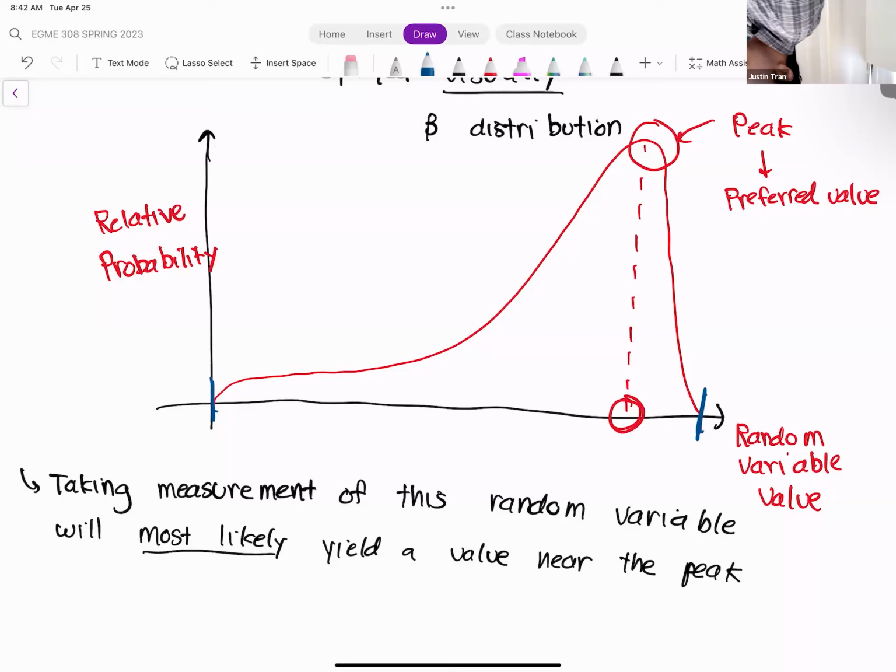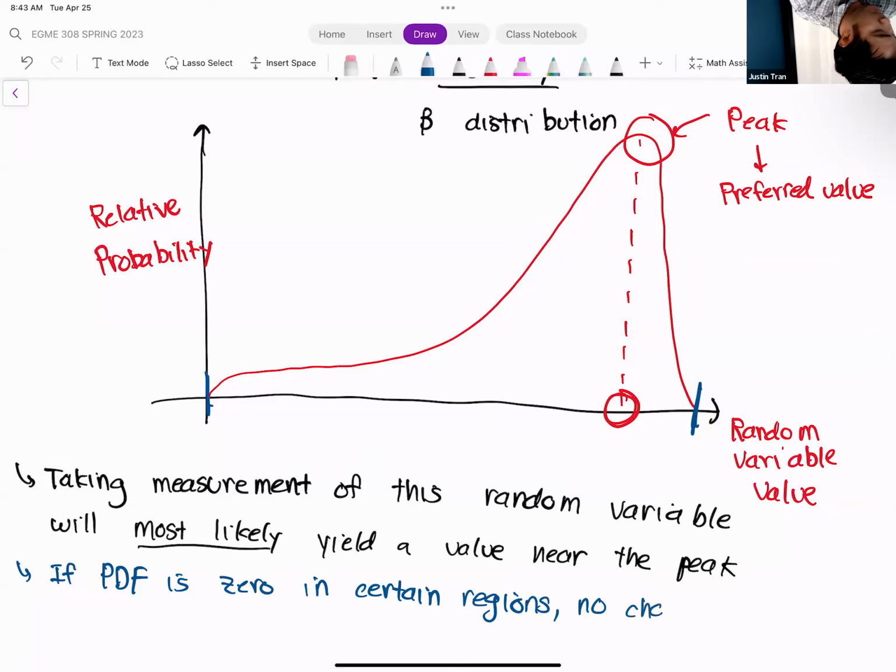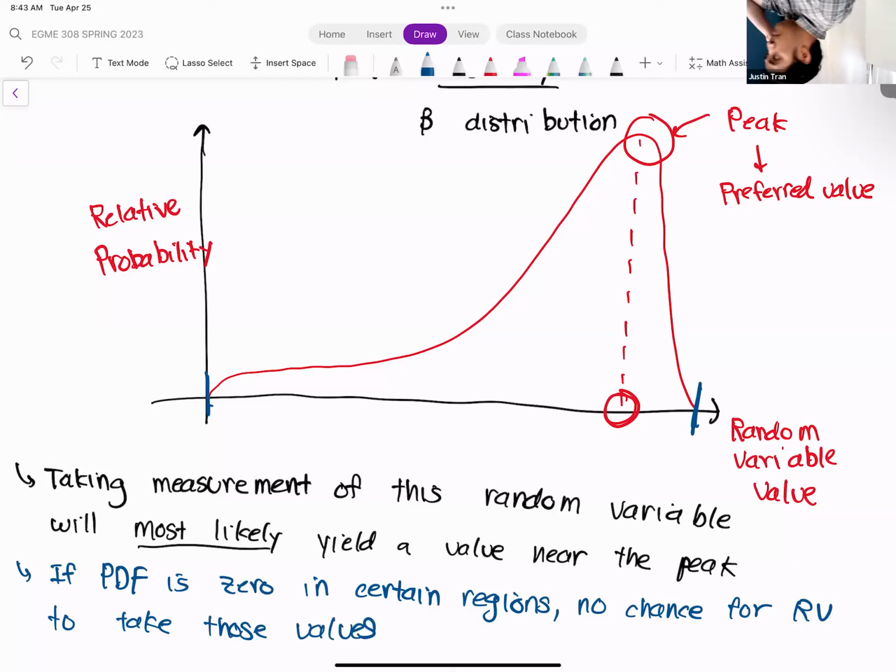So the plot itself gives you limitations in terms of what the value of the random variable can be. Outside the limits of this curve, the random variable cannot occur.